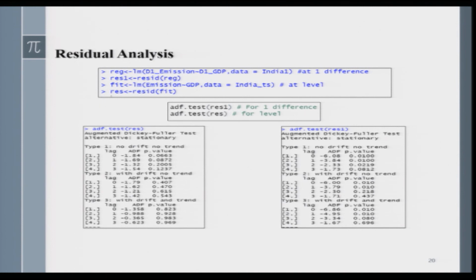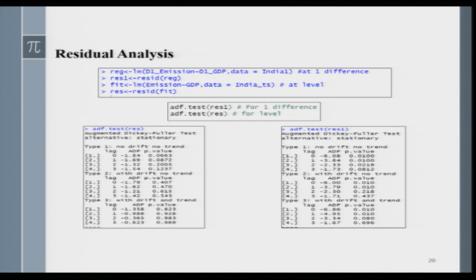Now you are going to conduct the augmented Dickey-Fuller test for both residuals, the one coming from the level value regression and the one coming from the differenced value regression. Here I am making use of adf.test to conduct the augmented Dickey-Fuller test, and I am showing you the first case, where the regression is done on the level values.